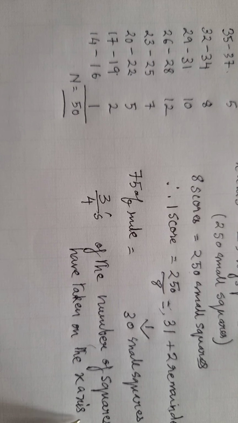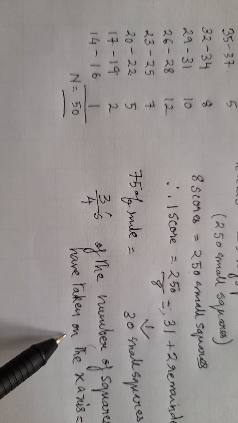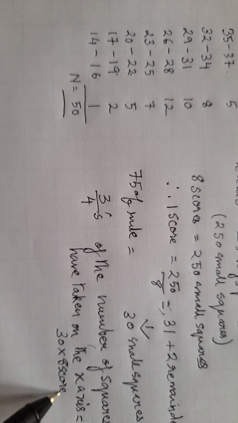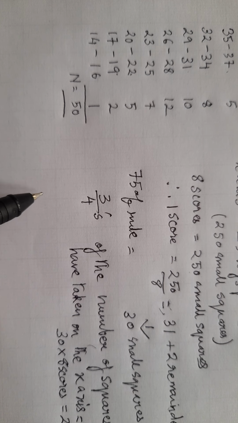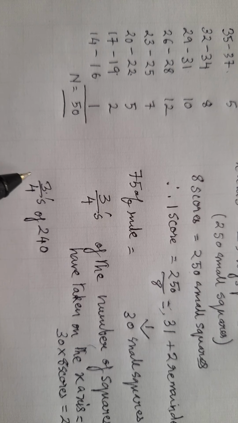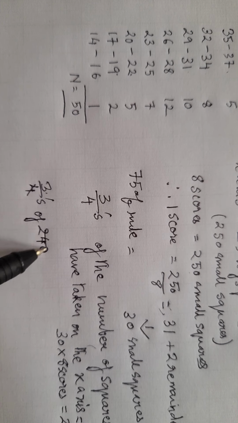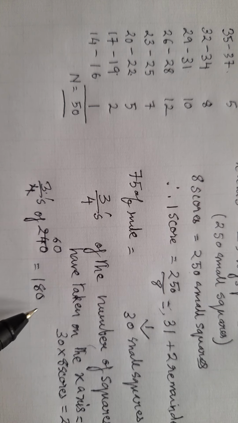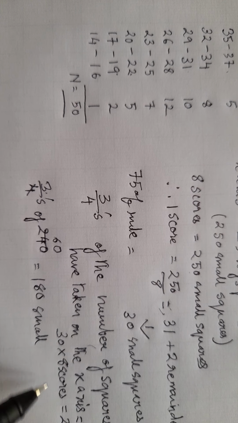Here it is 30 into 8 scores, it is equal to 240. Now 3/4 of 240, 3/4 is 75%. So we cancel 4 6s are 24. It comes to 180 small squares.